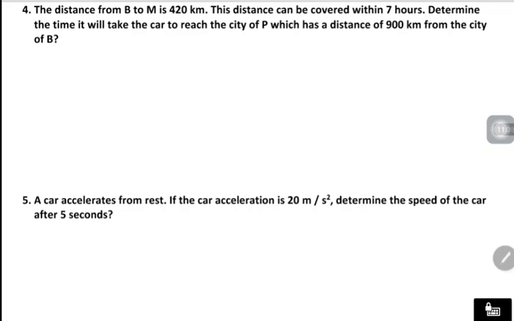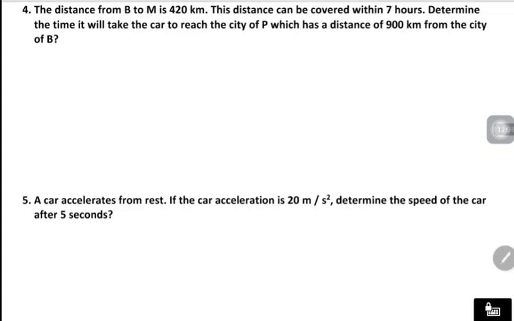Determine the time it will take the car to reach the city of B, which has a distance of 900 km from the city of B. Okay, to calculate this question, we have to find first the velocity of the first process.